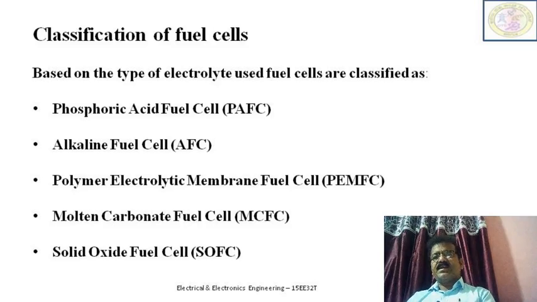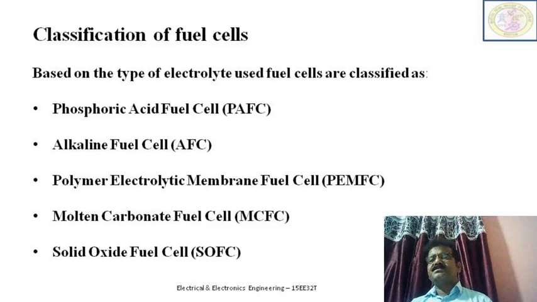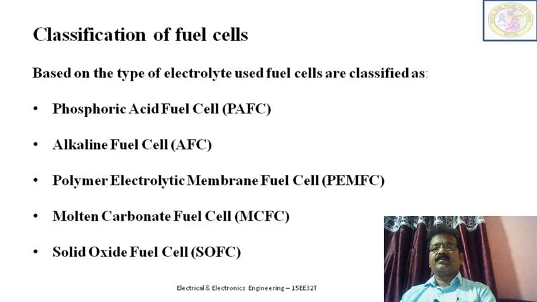Based on the type of electrolyte used, the fuel cells are classified as phosphoric acid fuel cells, PAFC, alkaline fuel cell, AFC, polymer electrolyte membrane fuel cell, PEMFC, molten carbonate fuel cell, MCFC, and solid oxide fuel cell, SOFC. So these are the classifications of fuel cells.